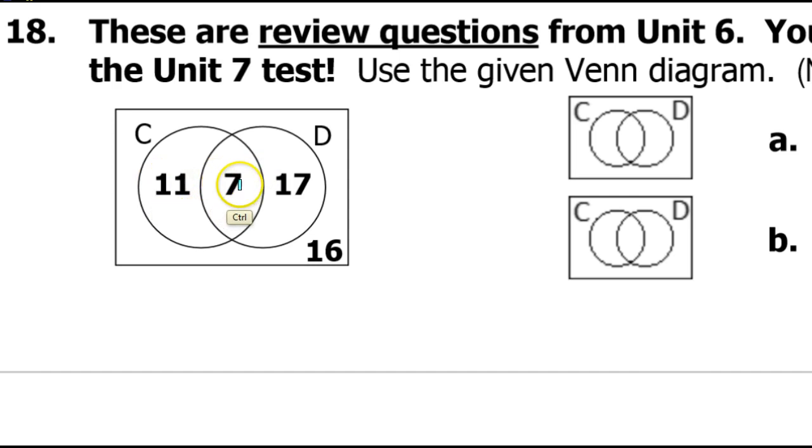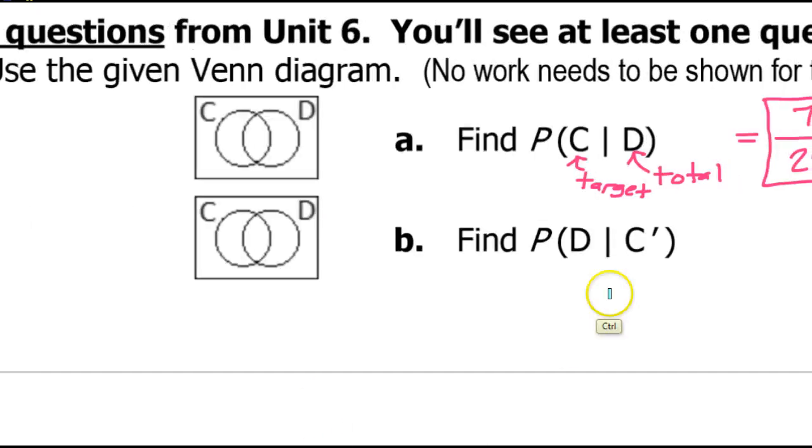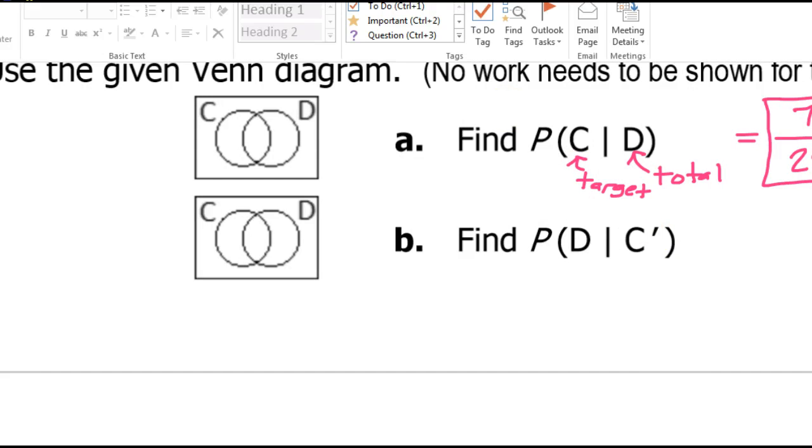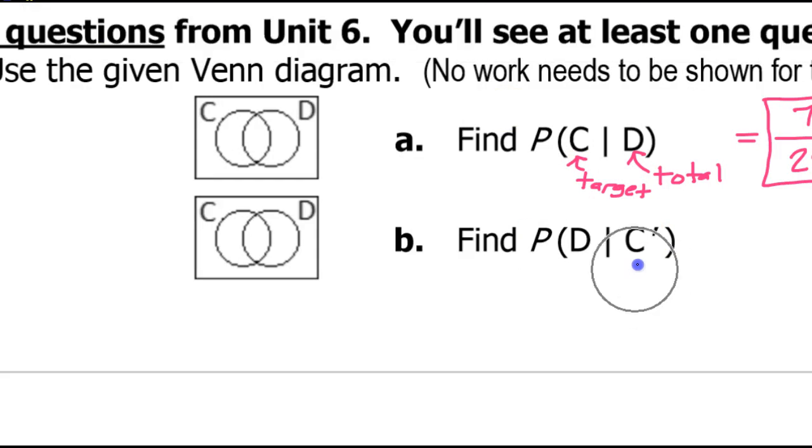Well, 11 and 7 are both inside circle C. So the 17 and the 16 are the numbers that are not C. So not C is the new total, right? So remember, this is always the new total.